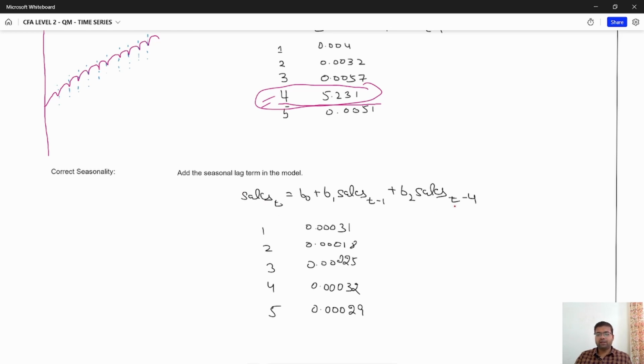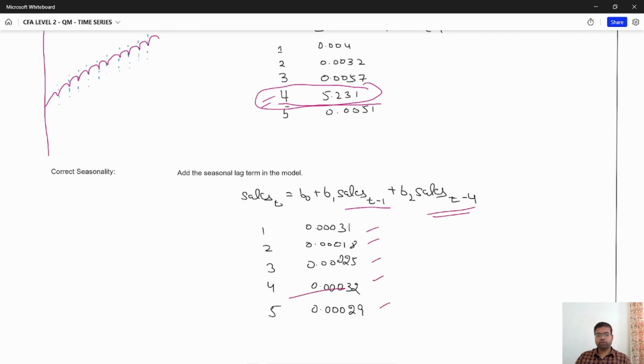So we add that lag value also in the model as an independent variable. Now the sales at T is dependent upon the sales in the quarter before, and also the sales 4 quarters before, the sales at T minus 4. Now if we see, the autocorrelations are very low.